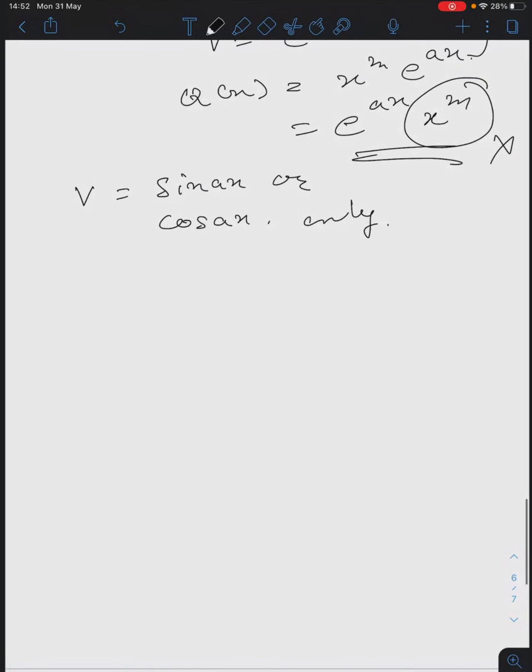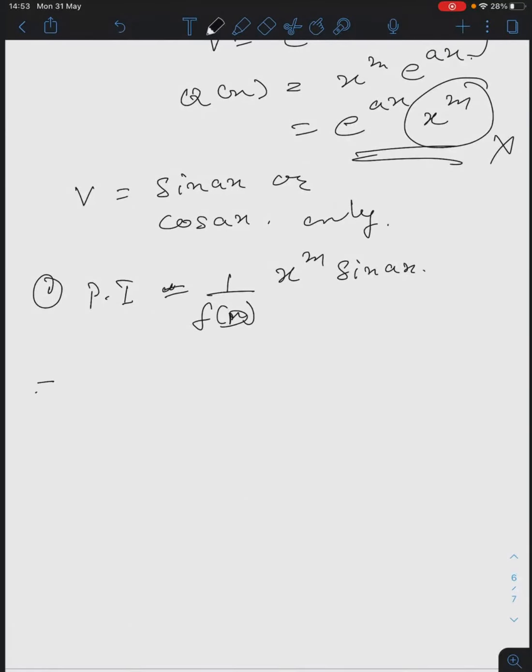So first one, particular integral will be equal to 1 by f of D applied on x to the power m sin ax.